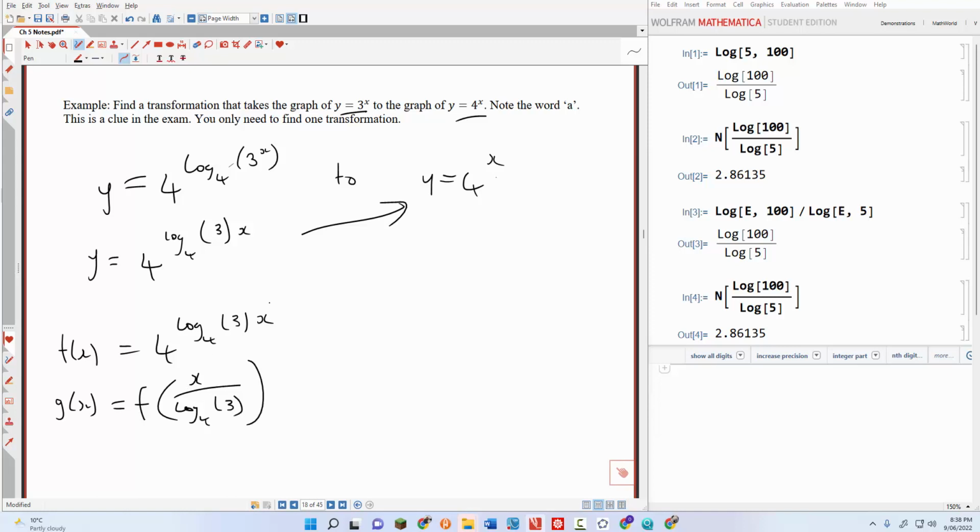Okay, and what will happen is that goes in there, these will cancel out, leaving us with log 4 x. So this is the transformation that makes it happen. So if I'm dropping into f of x, then my transformation is going to be a dilation factor log 4 3 from the y-axis.